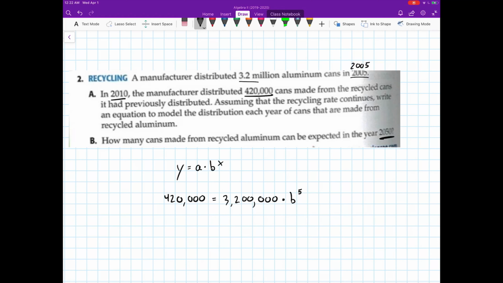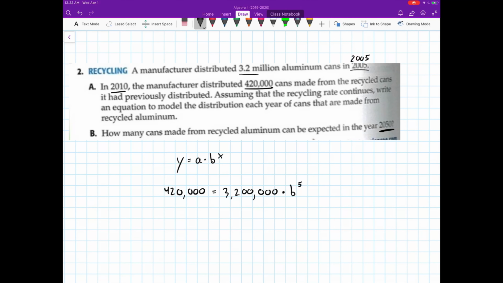But let's take a look and see what happens. So the first thing I'm going to do is divide both sides by 3.2 million. So 420,000 divided by 3,200,000.